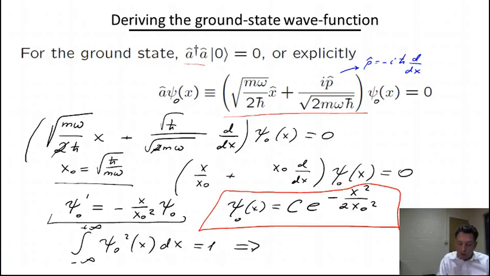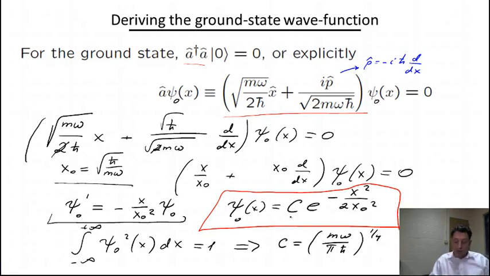This gives me the value of the coefficient that multiplies this ground state wave function. Let me just write it down. So this C is equal to (m omega over pi h bar) to the power 1/4. So this is the normalization coefficient.